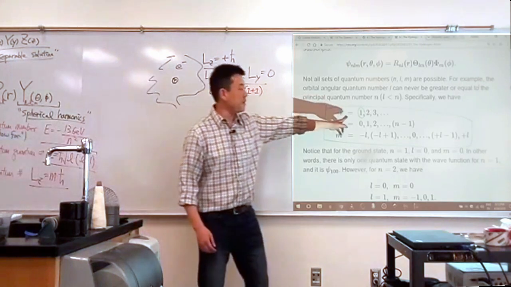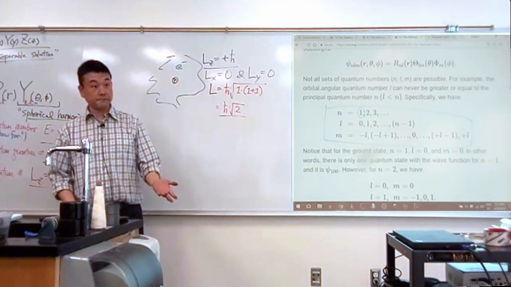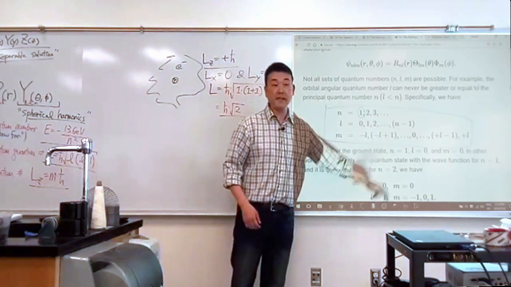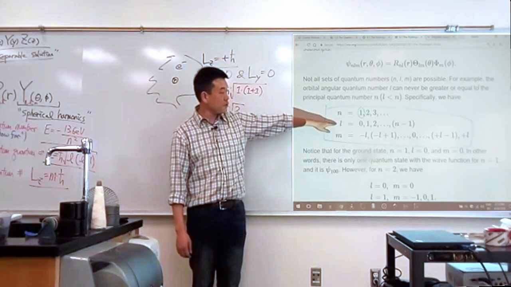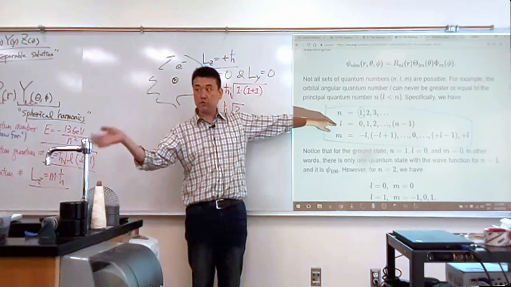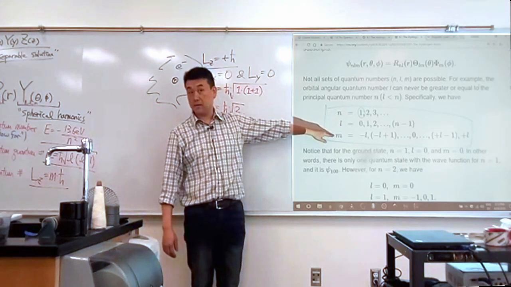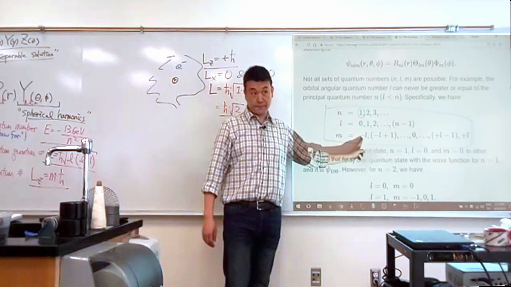With higher values of n, you can have more angular momentum. That's expressed by additional values L can take. And so L is the magnitude of angular momentum. So in some intuitive sense, the most that the projection can be is plus or minus the magnitude.